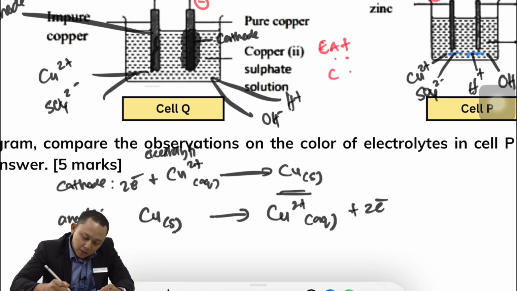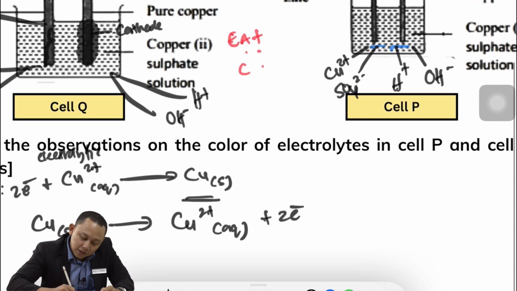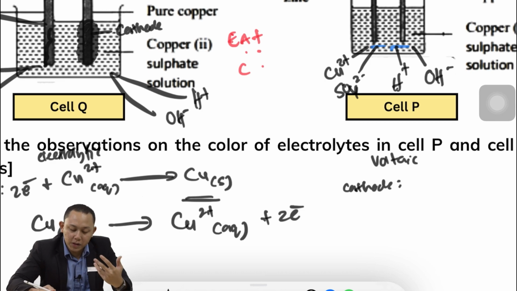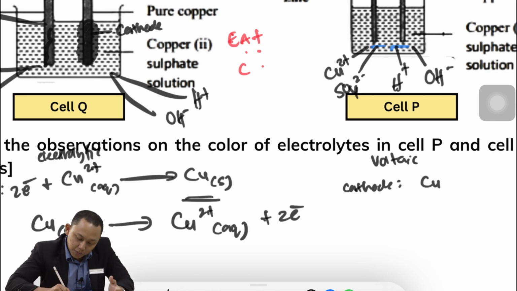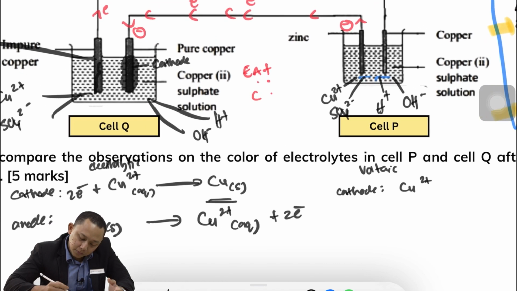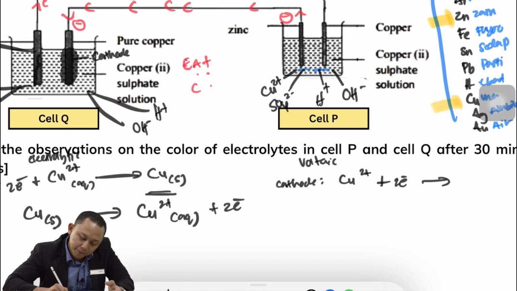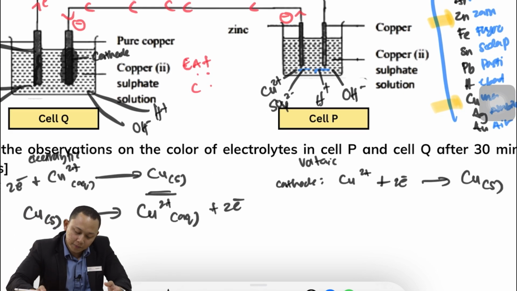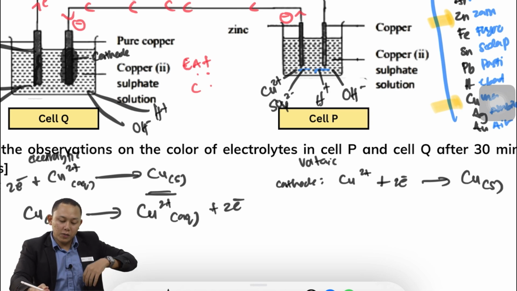At the cathode, as I mentioned just now, Cu2+ is going to receive 2 electrons to form Cu solid.